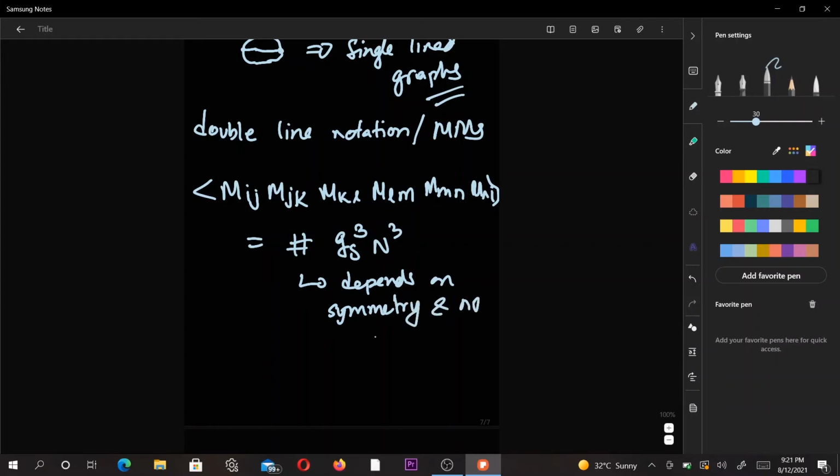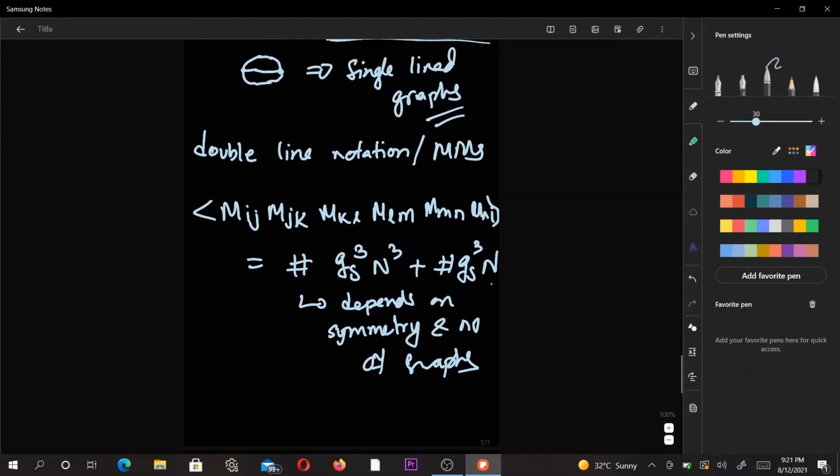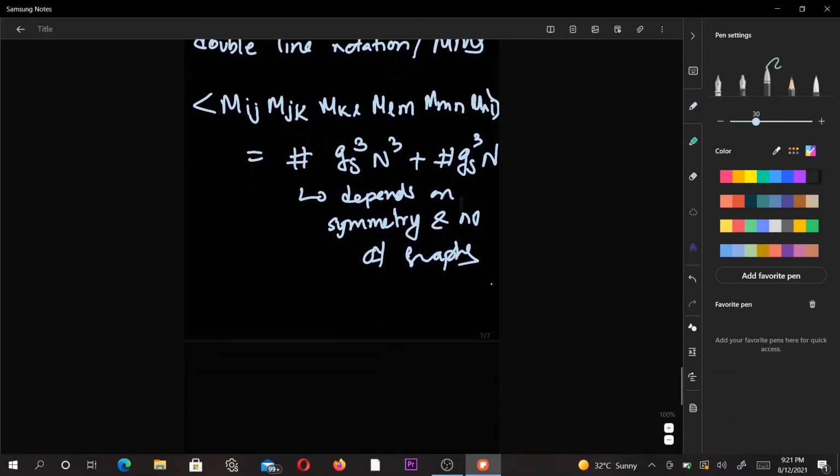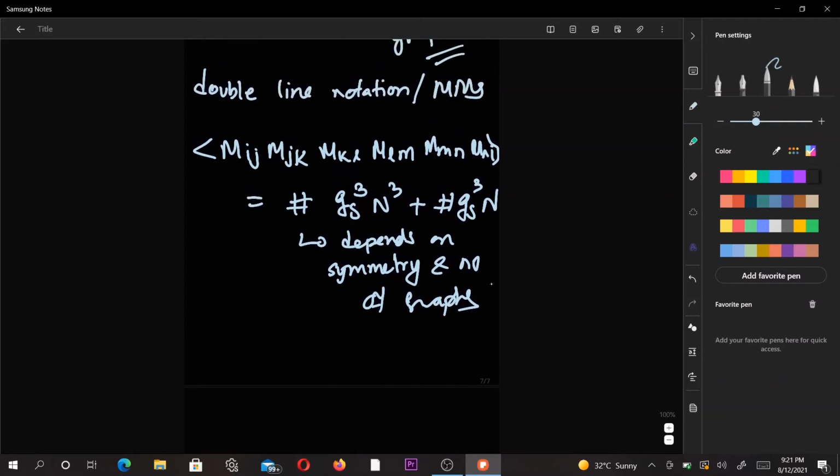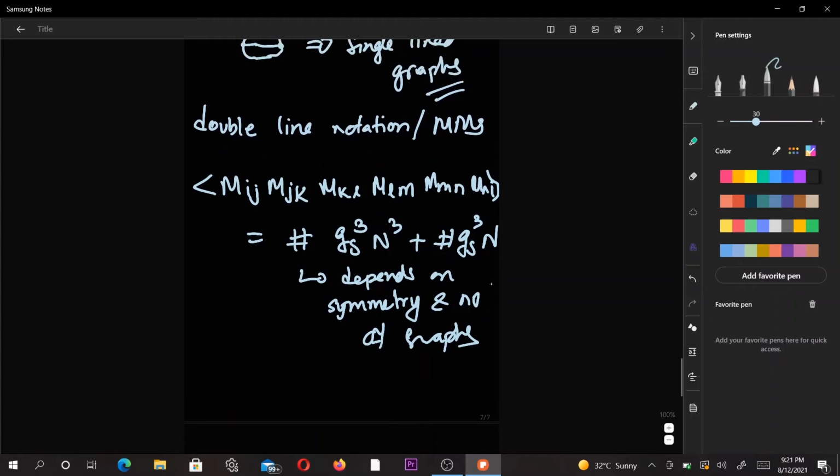I'm not explicitly showing it, I'm just looking at what's happening. If you calculate this in the two vertex scenario of the matrix models, two cubic vertices, you'll get something like this.